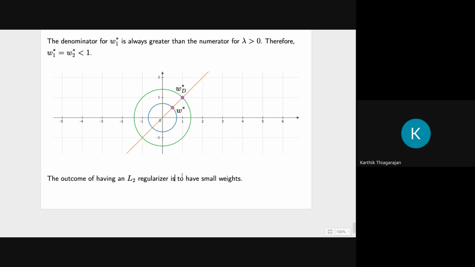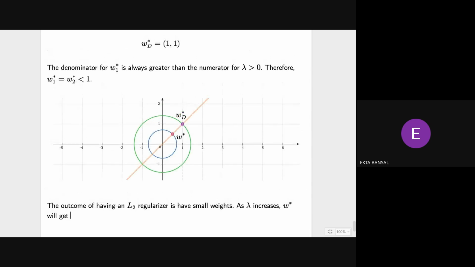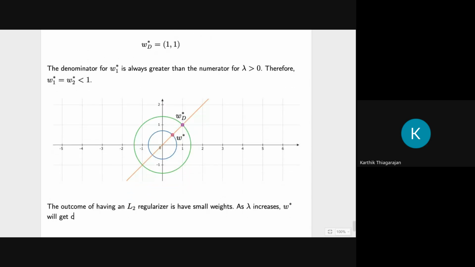When you use an L2 regularizer, you notice that the weights come down. So you are actually shrinking the weights, and as lambda increases, what will happen to W star? You see geometrically what will happen? It will get smaller, closer and closer to the origin, meaning smaller and smaller. That's the whole idea.